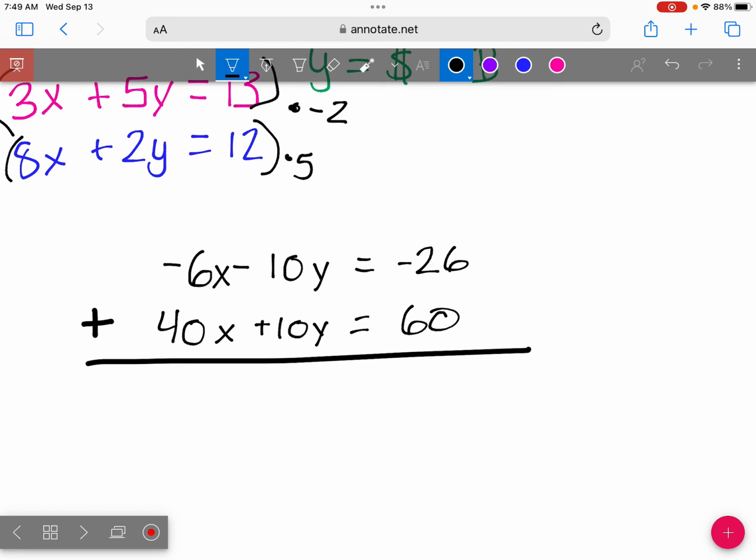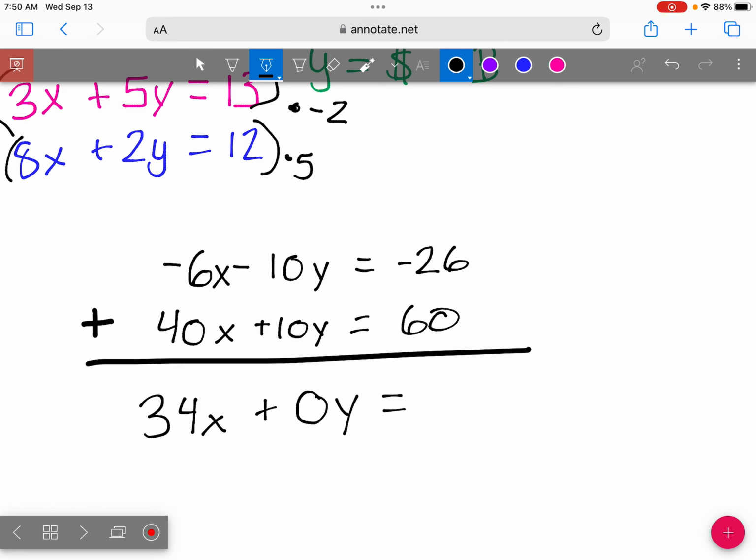All right, so we're going to add them together in our columns. -6x plus 40x gives us 34x. -10y plus 10y gives us 0y's.